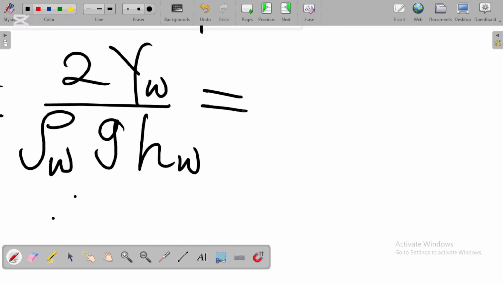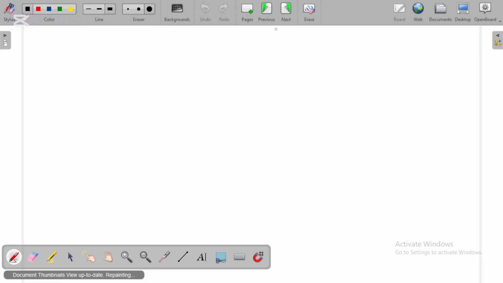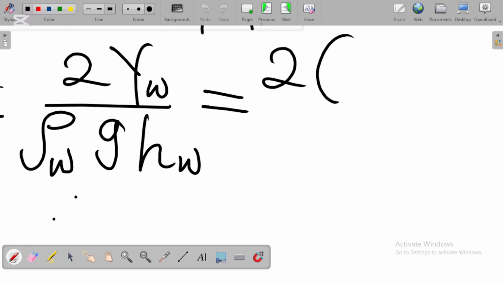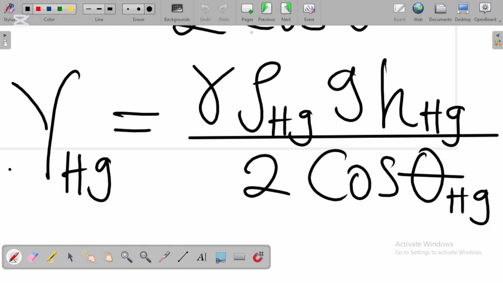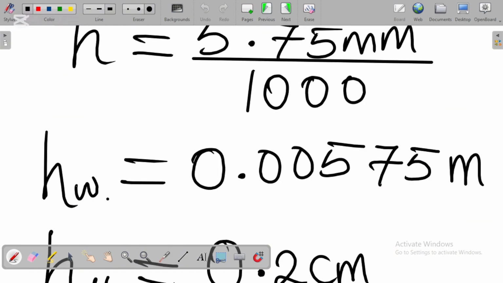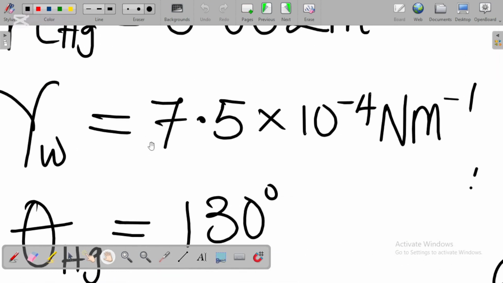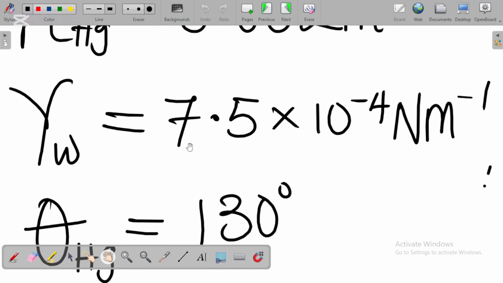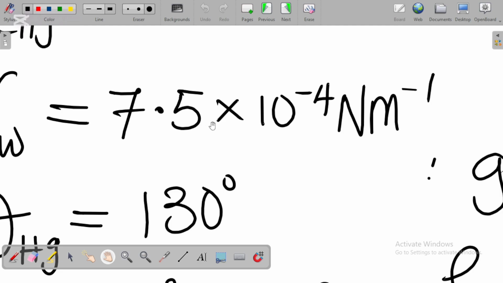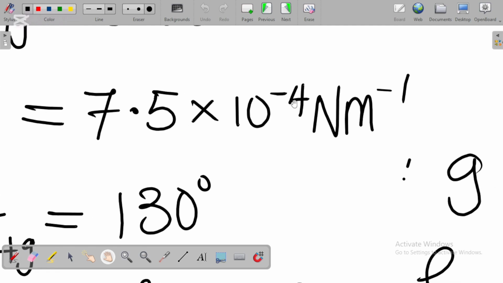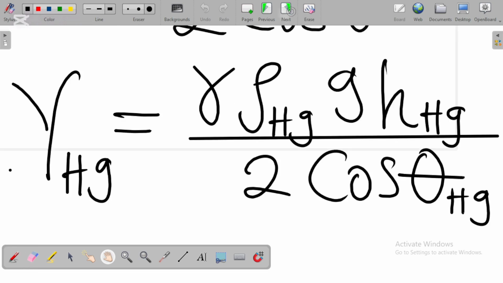So if we substitute here, we will have 2 multiplied by what is the surface tension of water? In the question, we are told that the surface tension of water is 7.5 multiplied by 10 raised to the power negative 4 newton per meter.